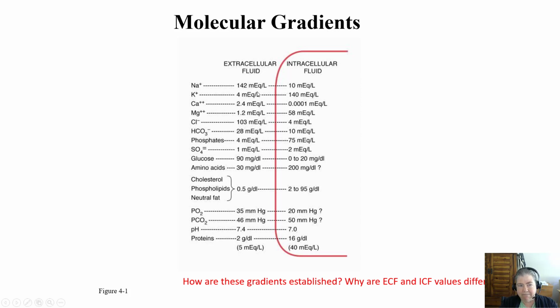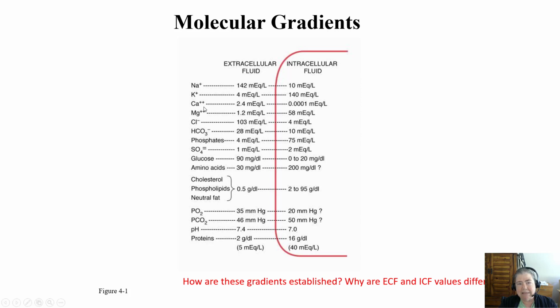So, for instance, in the extracellular fluid, the concentration of sodium is high, and in the intracellular fluid, it's low. And the opposite is true for potassium ions. There's not much potassium in the extracellular fluid, and there's lots of potassium in the intracellular fluid.